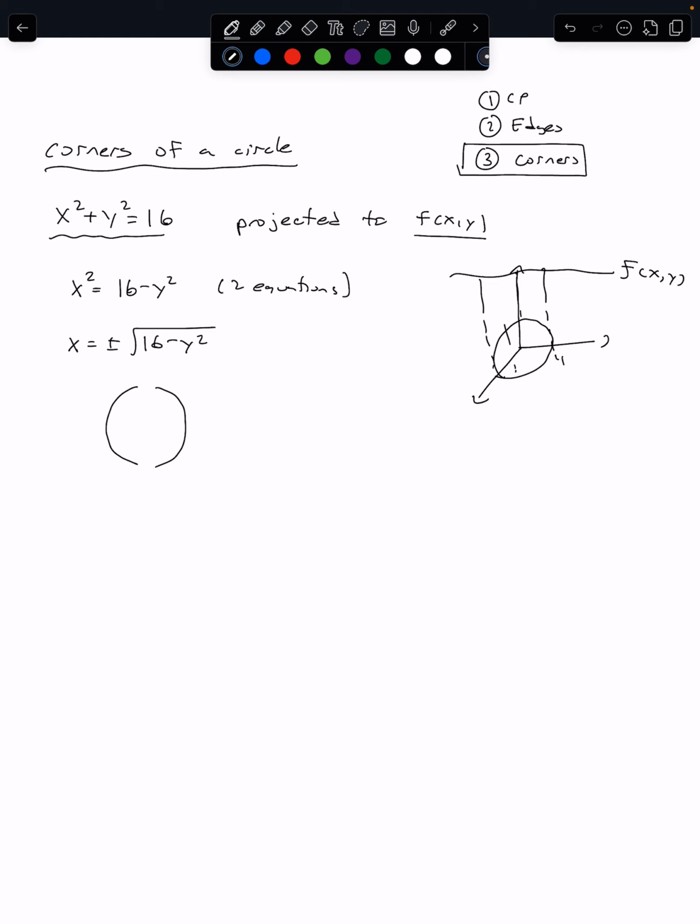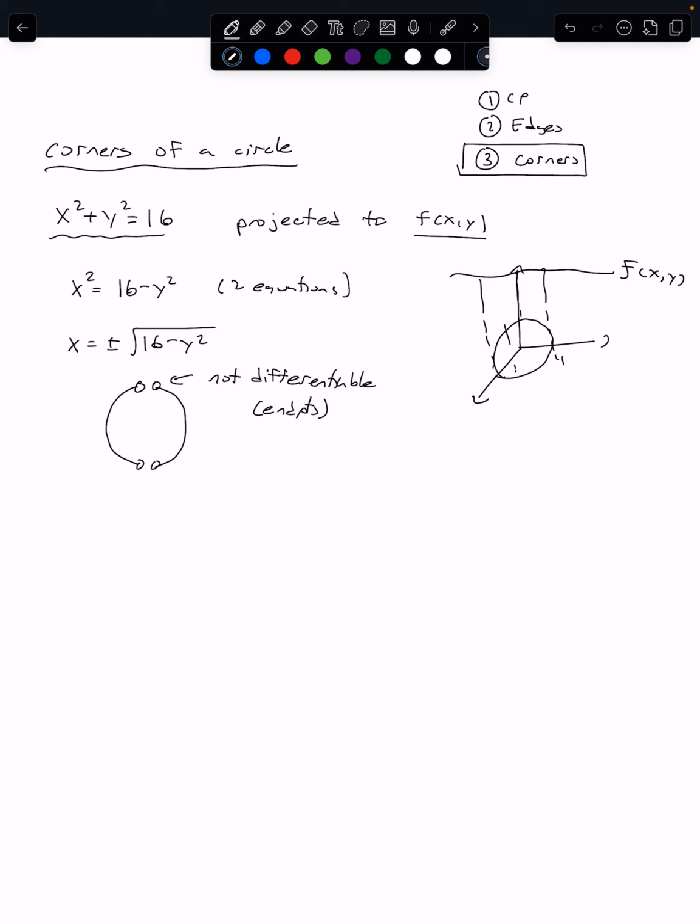We have to think of the top and bottom independently from each other. If we look at the top and bottom, it's not considered differentiable by any calculus standard. Why isn't it? Because the derivative does not exist at an endpoint, and these are considered endpoints.